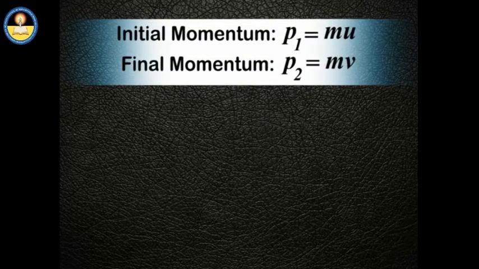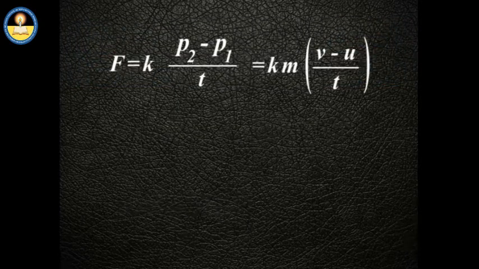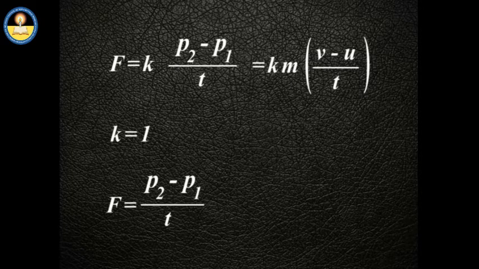If the initial and final velocities of an object of mass m are u and v respectively, then the external force depends upon the product of the mass of the object and the rate of change in the velocity of the object. Since the value of the proportionality constant is unity, the applied force is equal to the rate of change in momentum.